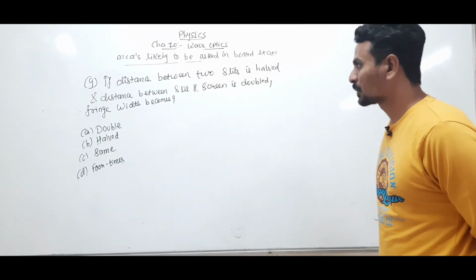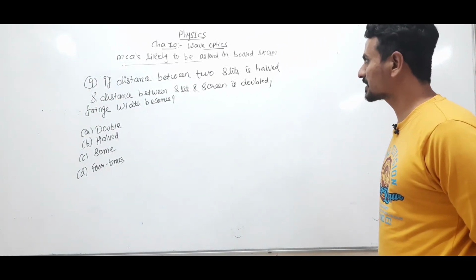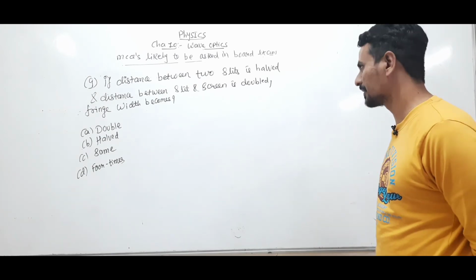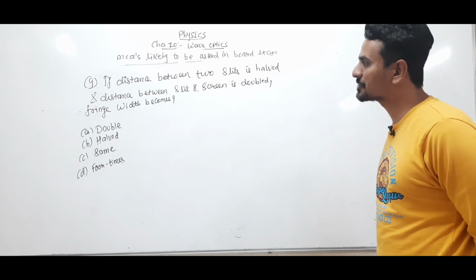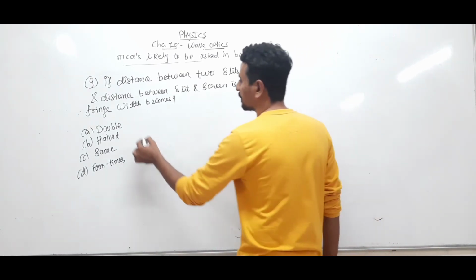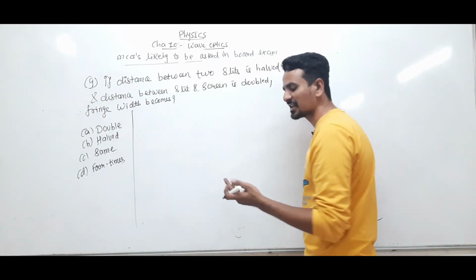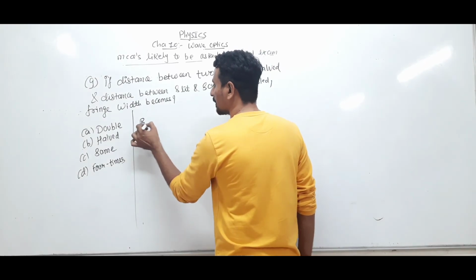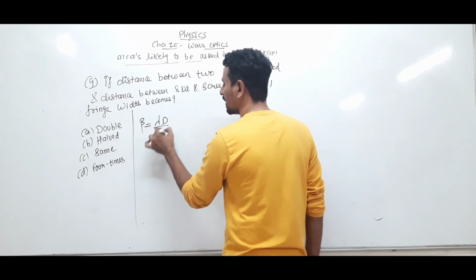Ninth one. If the distance between two slits is halved and the distance between slit and screen is made double, the fringe width will become dash. Fringe width means the distance between two consecutive bright or dark fringes, which is given by the formula beta equals lambda D by d.